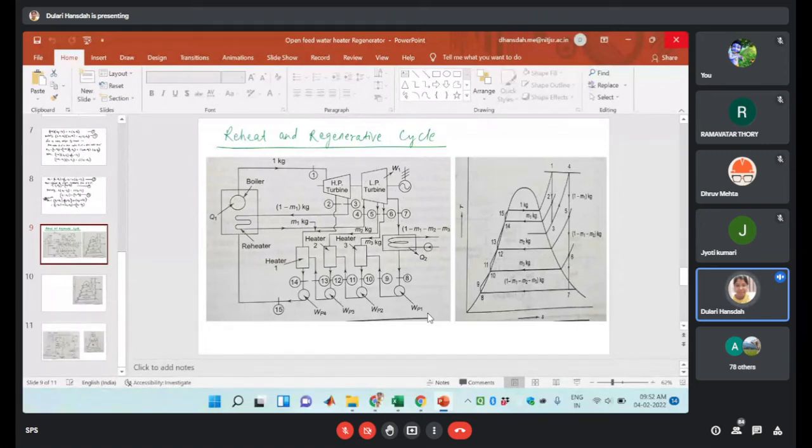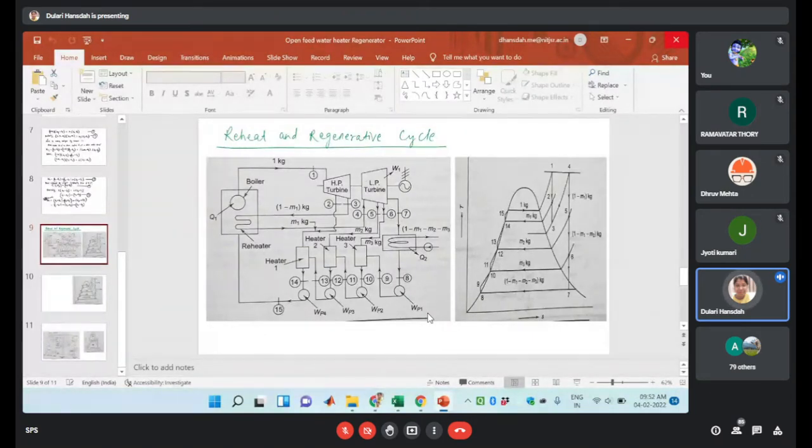So why are we doing this? We are doing this to get the maximum mean temperature of heat addition, so that the efficiency will not be so much less as compared to the simple Rankine cycle. So that is your reheat cycle.